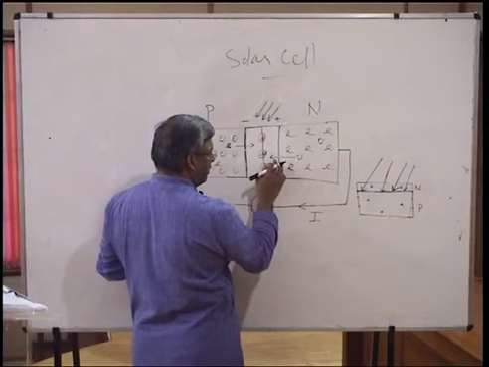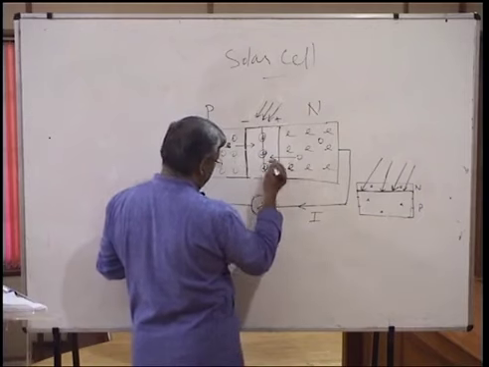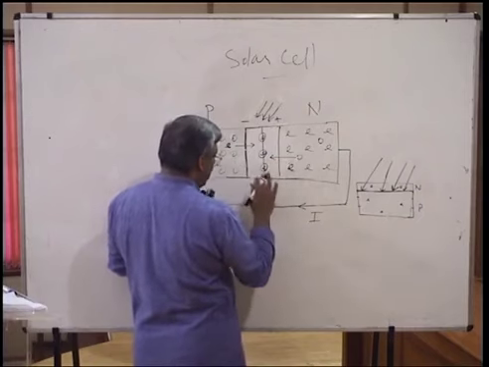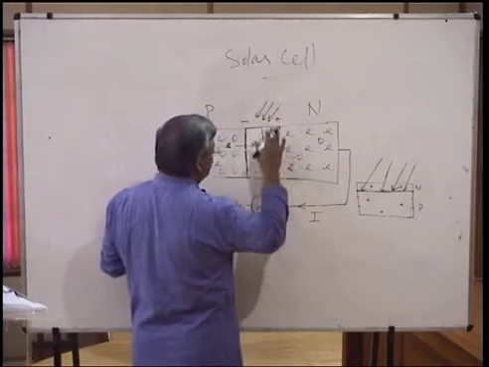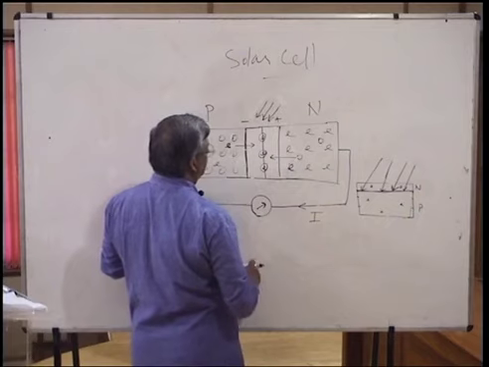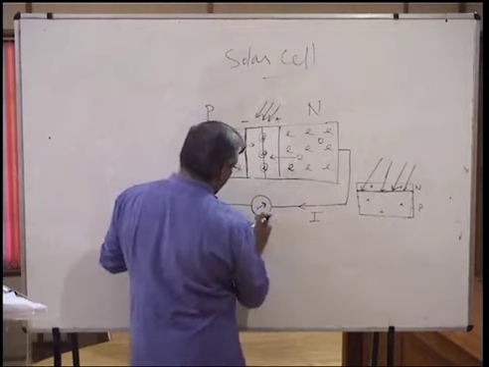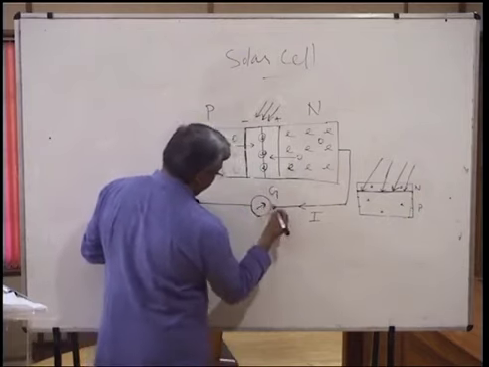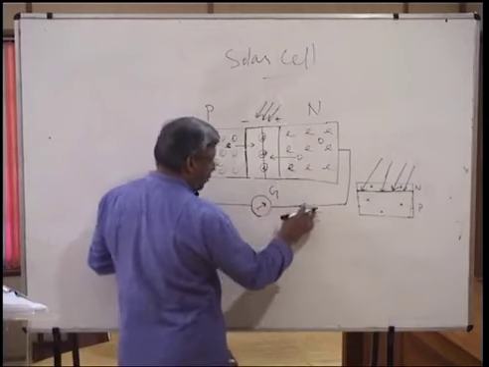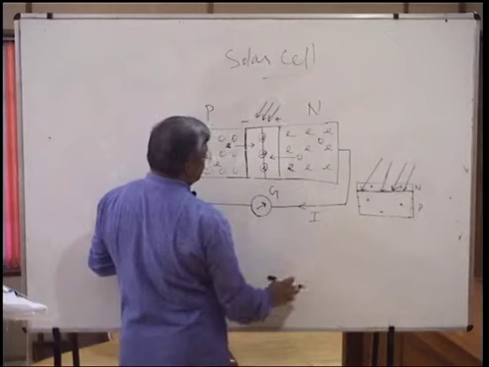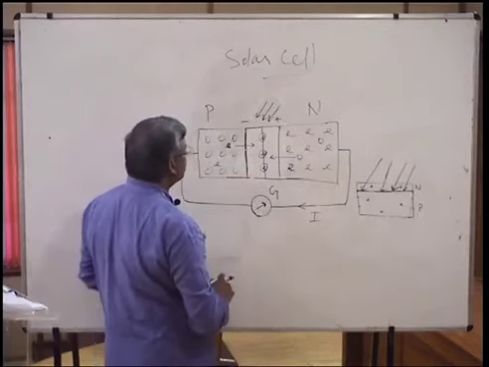It creates a current which balances itself. These currents will all be balanced. J is equal to 0 when there is no light falling. Now there is no external bias. We just put a galvanometer to measure the current coming. So that's all the system which we have.